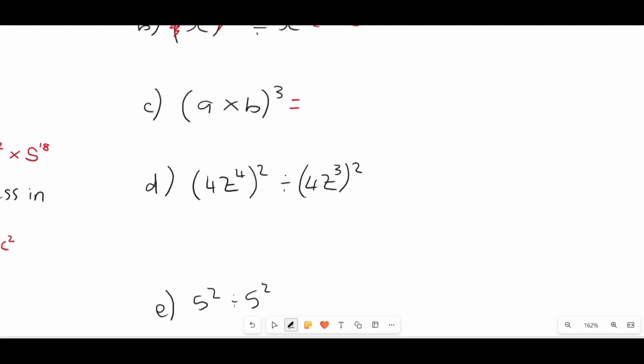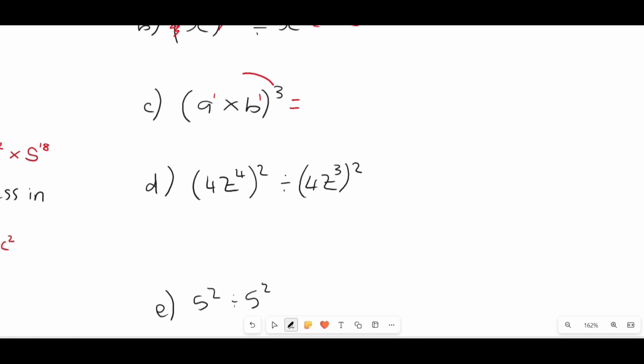Remember, if there's an a and there's no exponent, it means there's an invisible 1 there, and an invisible 1 there as its power, because there's only one a and only one b inside the brackets. But I'm telling you to put them in brackets and then cube them, so give them an exponent of 3.